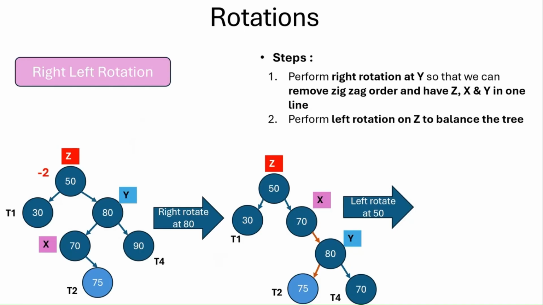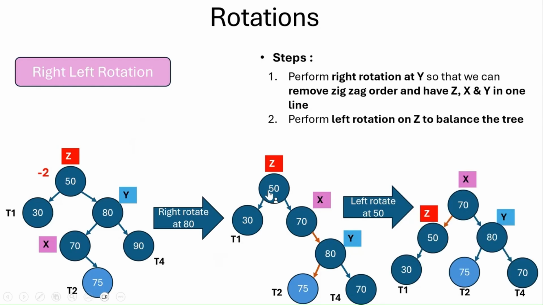Which is 50. Left rotation at Z means the right child of Z becomes the root, and Z becomes the left child of the new root, which is 70 here. And if the new root had any left child, then it becomes the right child of Z. Now there is no left child for 70, that's why there is no change.